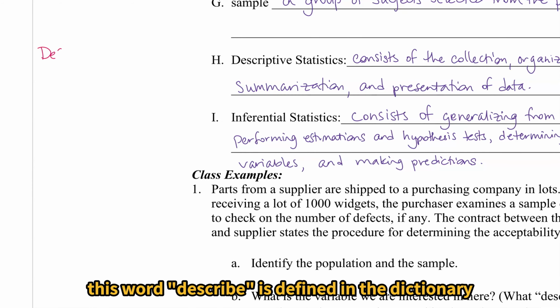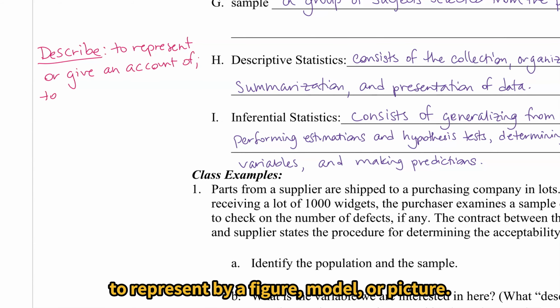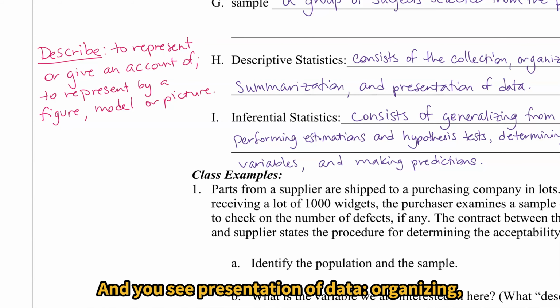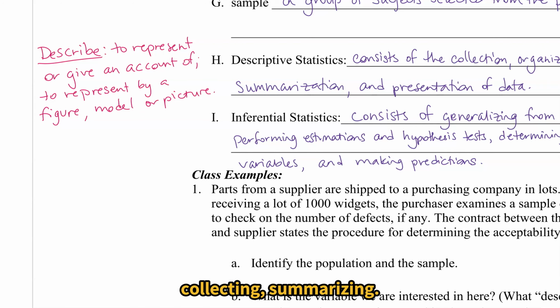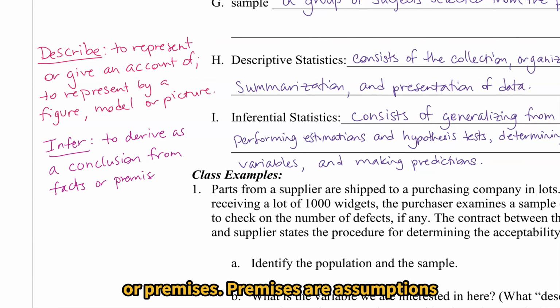This word describe is defined in the dictionary to represent or give an account of, to represent by a figure, model, or picture. And you see presentation of data, organizing, collecting, summarizing. This is descriptive statistics. Infer, to derive as a conclusion from facts or premises.